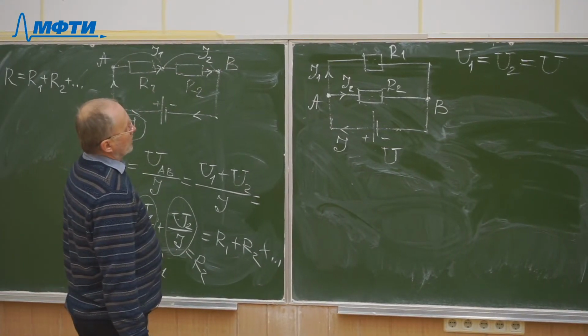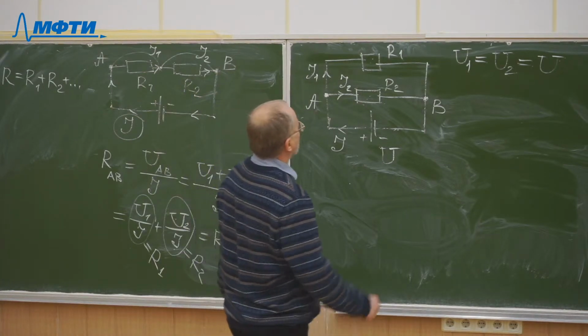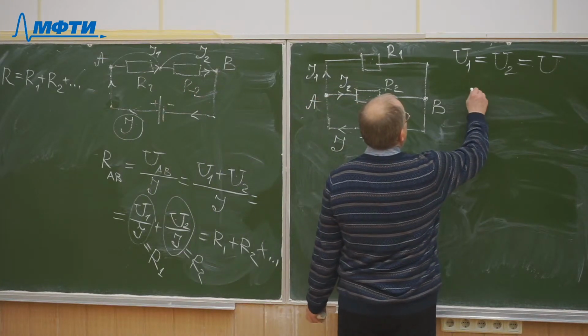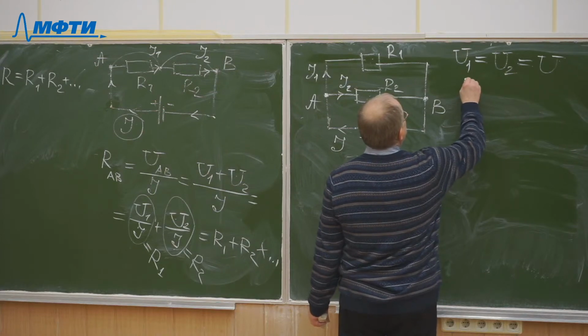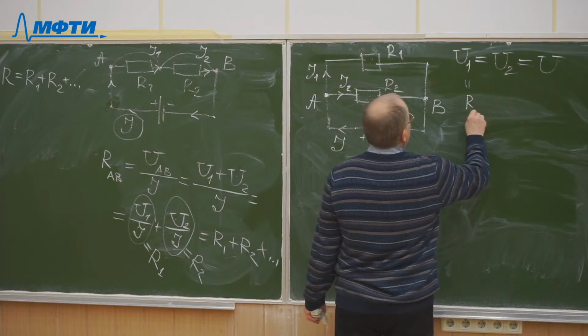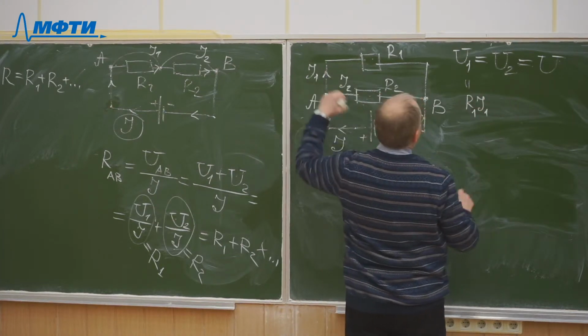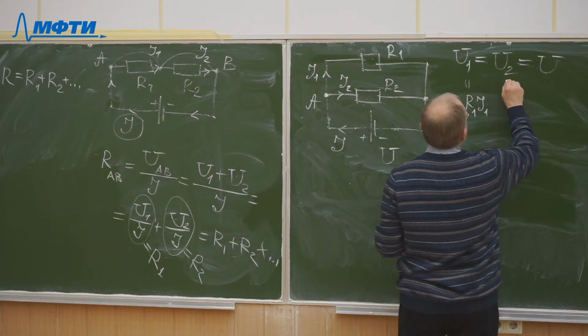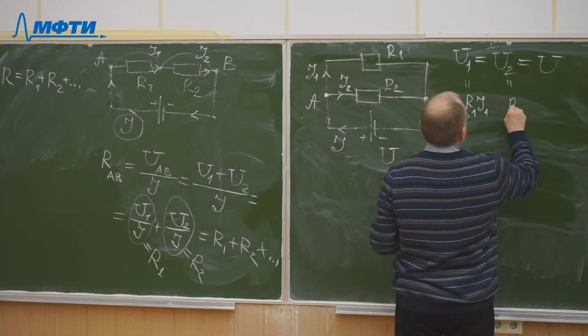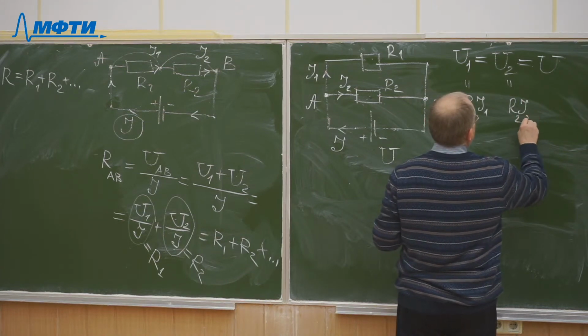And so the first potential difference will be the first resistor times the current through the first resistor. And the second potential difference will be the second resistor and the current through the second resistor.